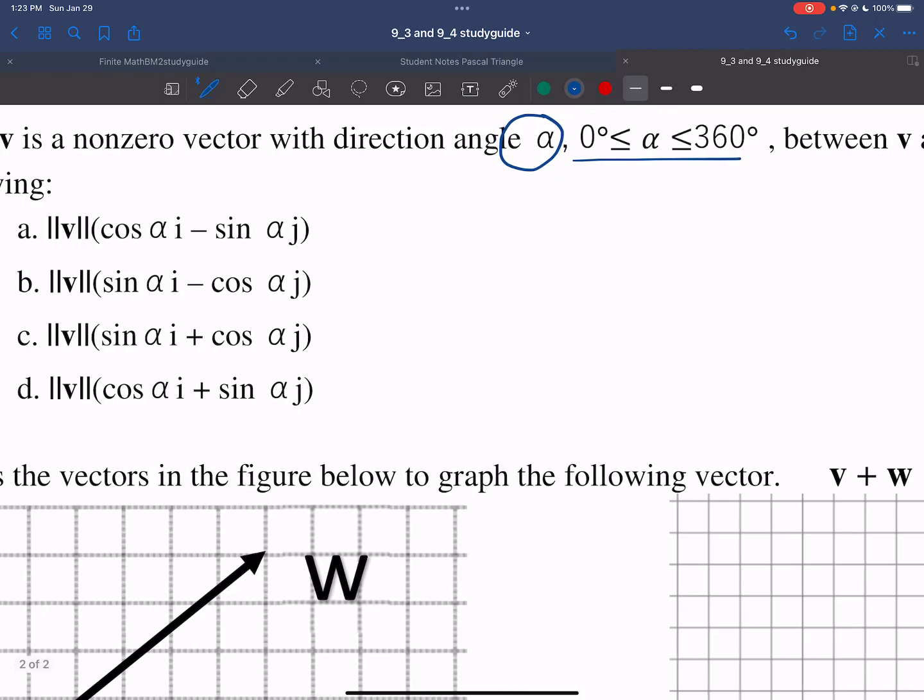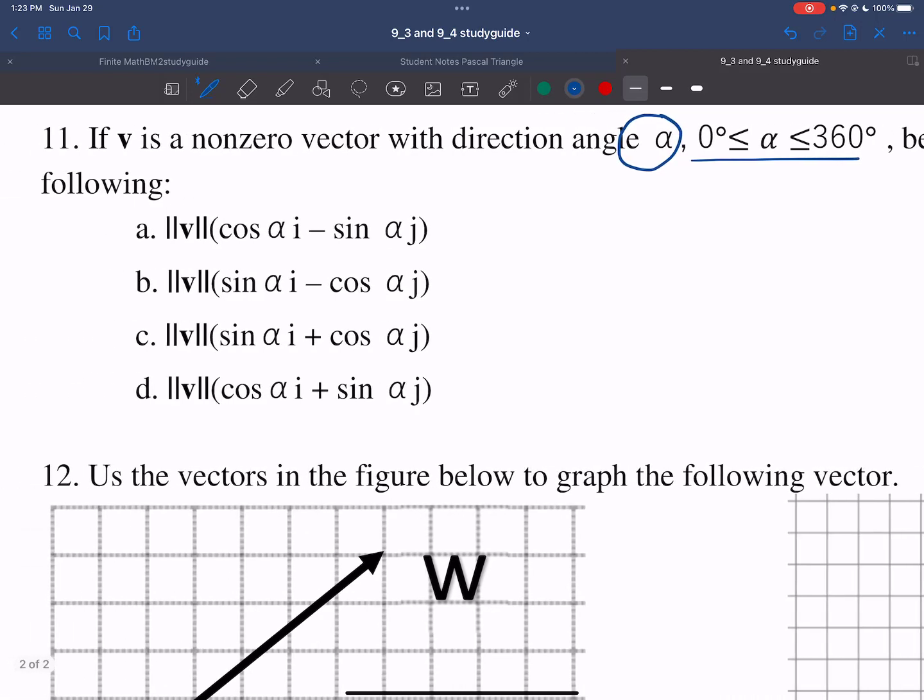Remember when we have our format, the sign on the inside is going to be an addition, so that takes away these two things. So we have to look at what is associated with i and what is associated with j. The i is associated with x, which is the cosine, and j is associated with y, which is the sine. So it's going to be this one right here.